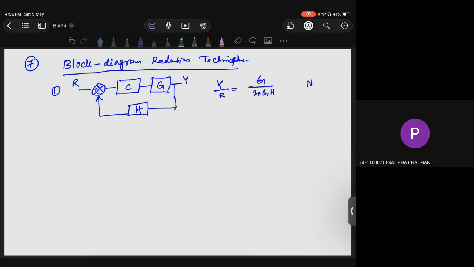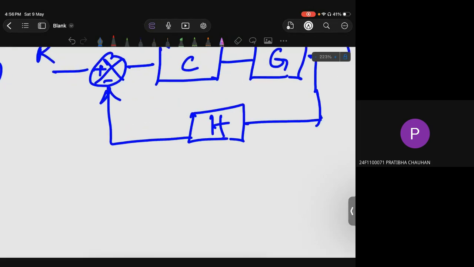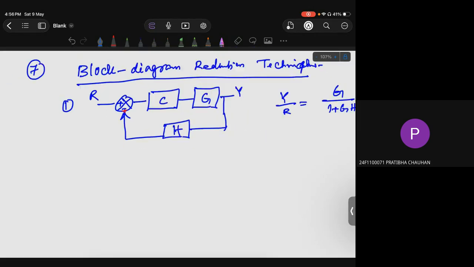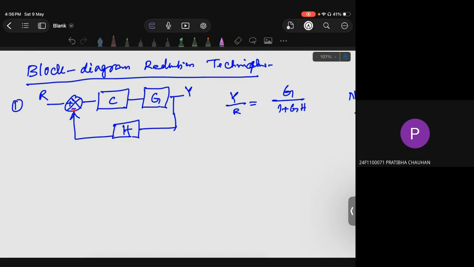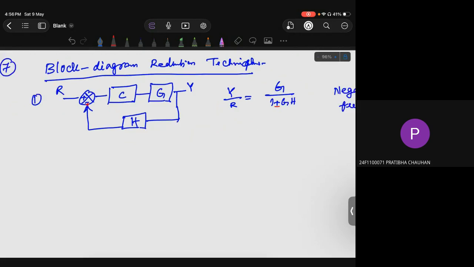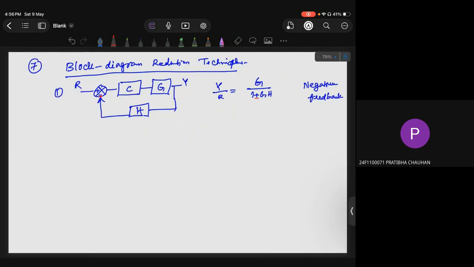Here we are saying it is the negative feedback. Whenever it is positive feedback, if there is a plus, we will get minus here. So that is how you will reduce whenever you see a structure like this. The Y by R response would be G by 1 plus GH.